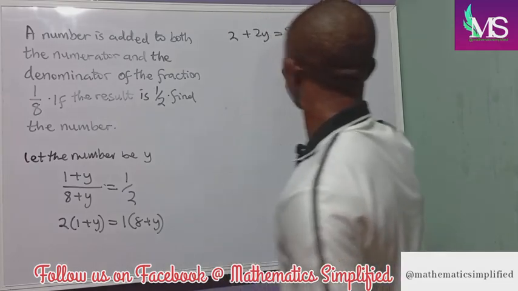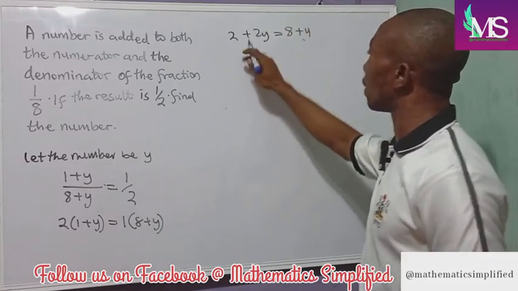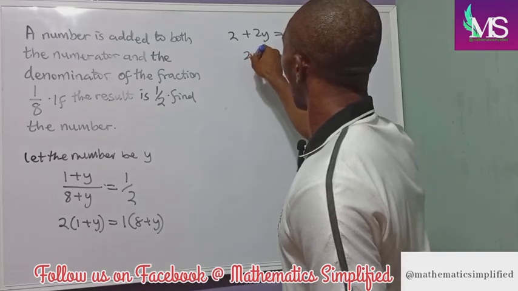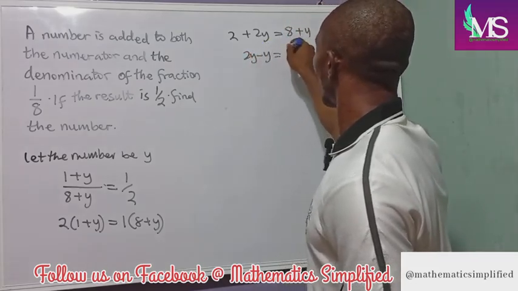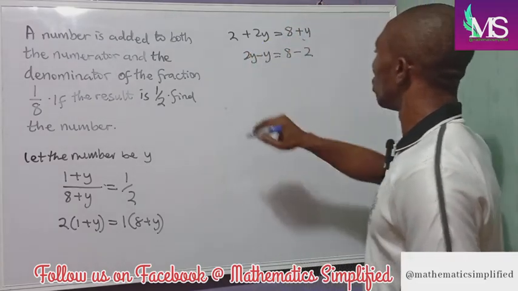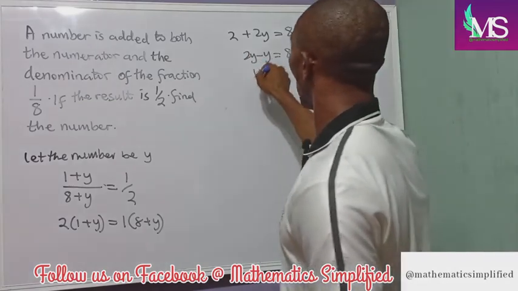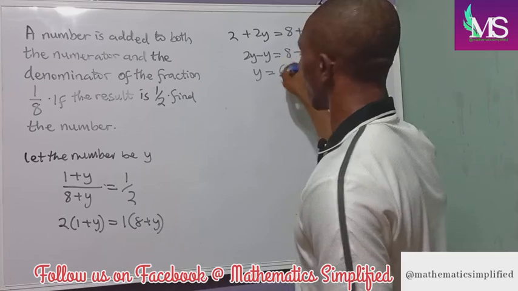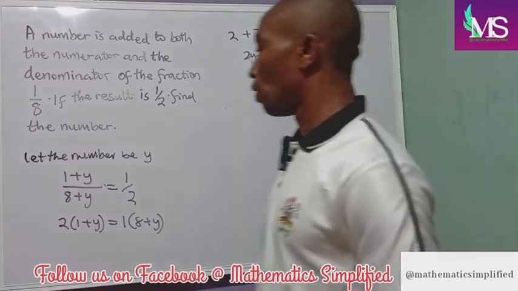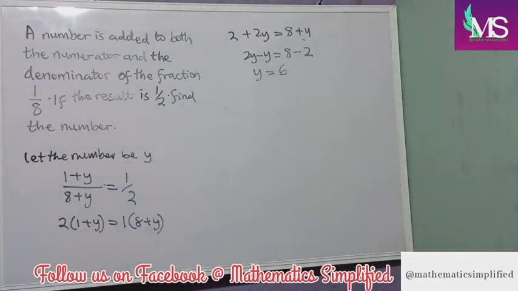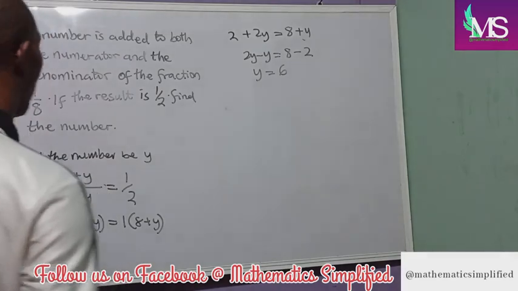Now, collecting like terms, this becomes 2y minus y equals 8 minus 2. So y equals 6. So 6 was the number that was added to both sides to give a half.